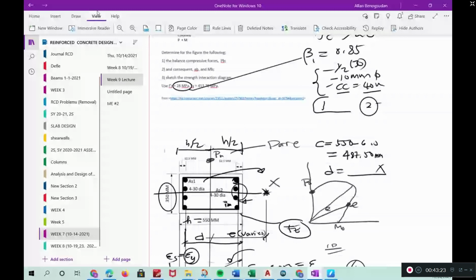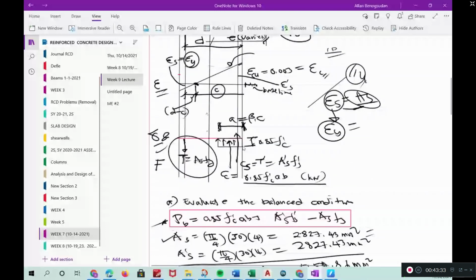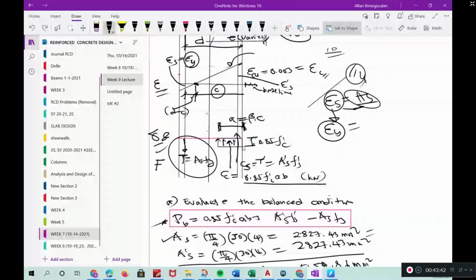H. Dito rin, plot din natin. So dito rin is also h over 2.